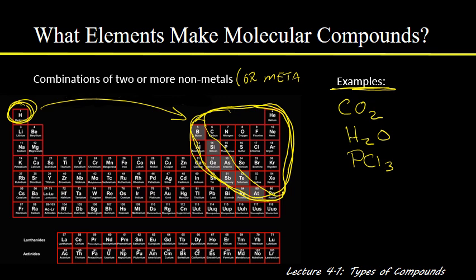Right? Sugar is covalent. And let me throw one in from these metalloids, something like arsenic trichloride. Here's arsenic here in the metalloids. That would also be a molecular compound.